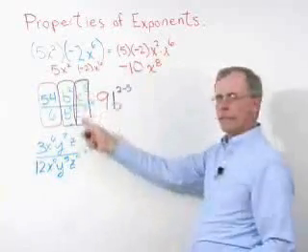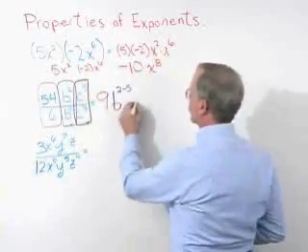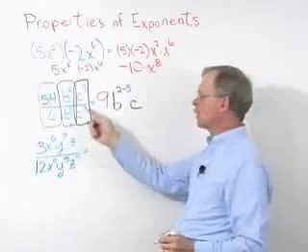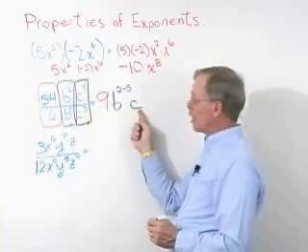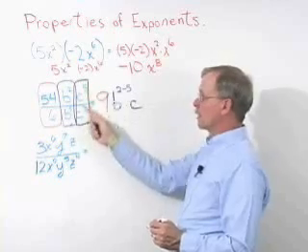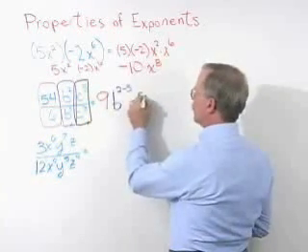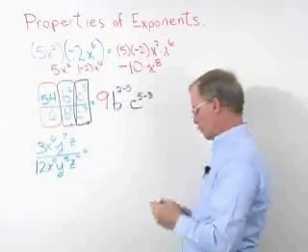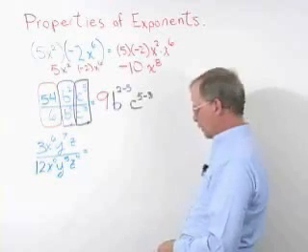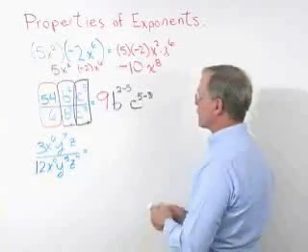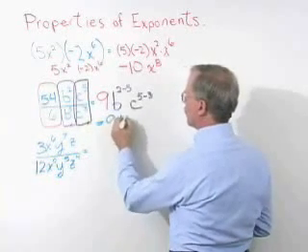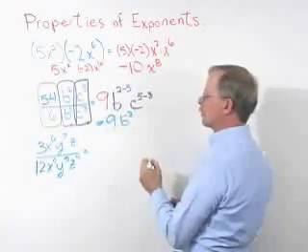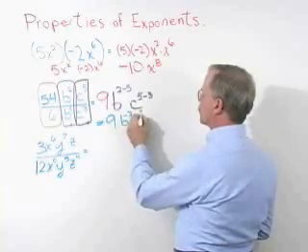The c factors here are quotients as well, so we're going to take that c and use it as our base, and then we're going to subtract these exponents. 5 minus 3 power. Well, when we do that, we'll end up with our final answer is 9 b to the negative third c to the second.